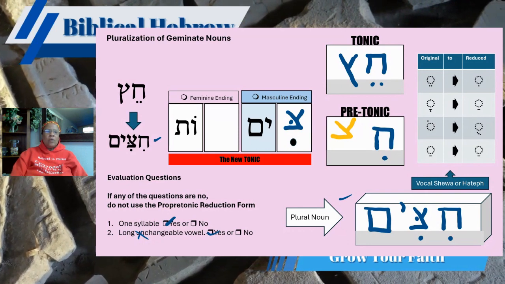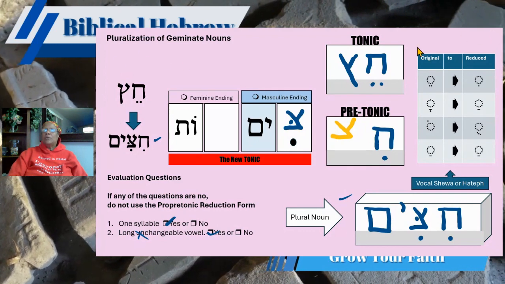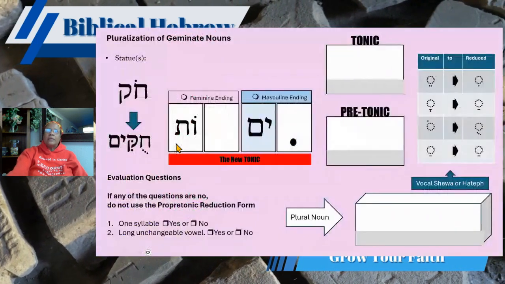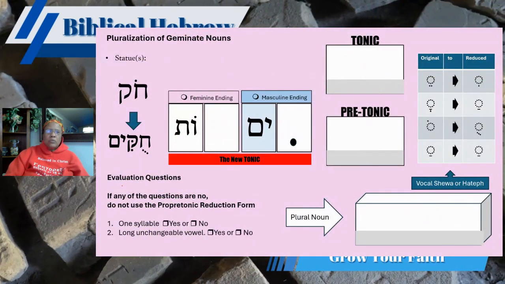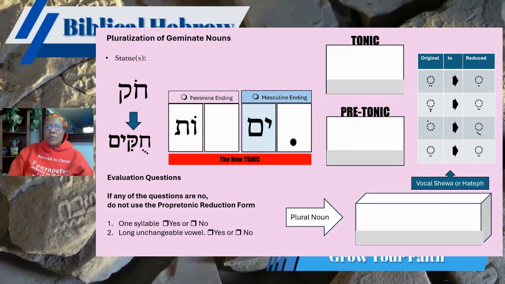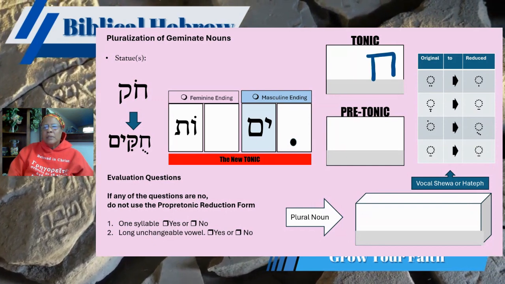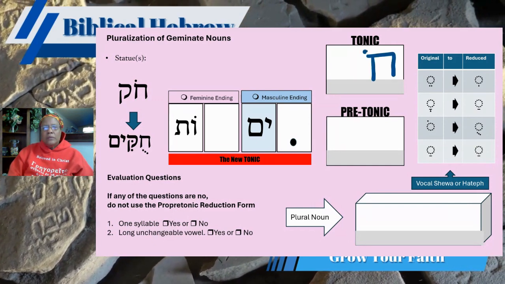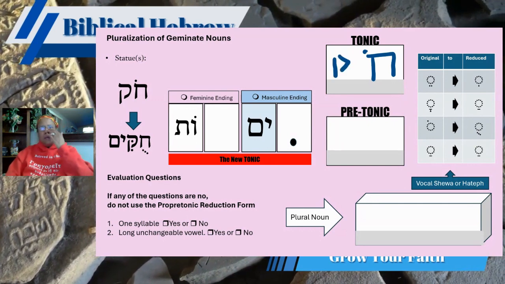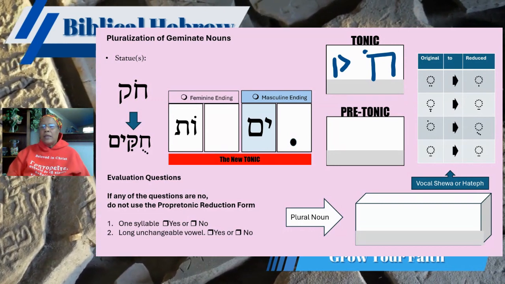All right, one more. Let's see how we're doing. Oh, went way past. All right. Okay, this one is hook. So we've got the guttural chet with a colon, defectively written. And if I look at that, it's going to turn into a kibbutz.